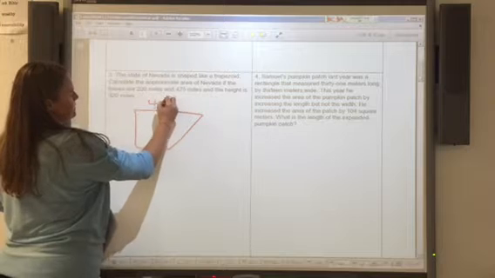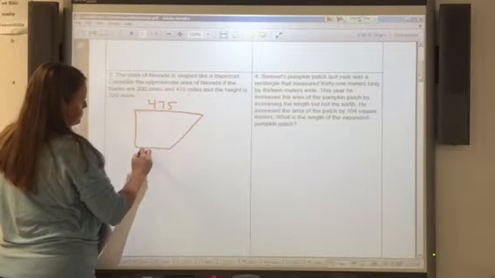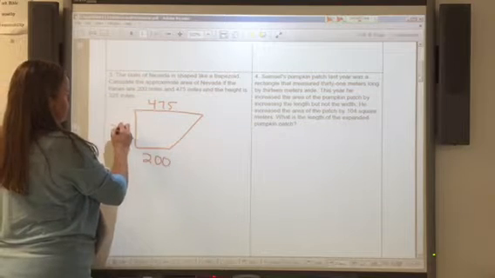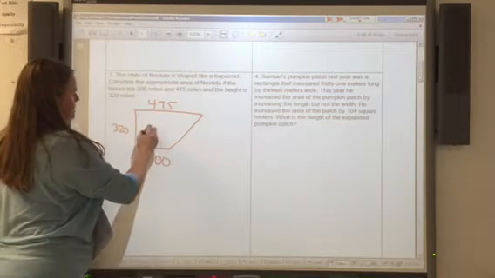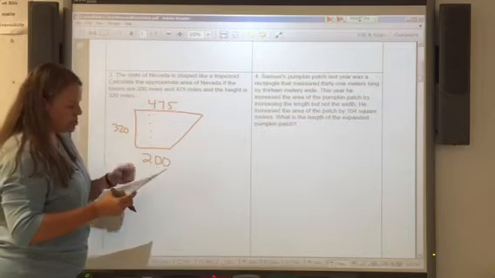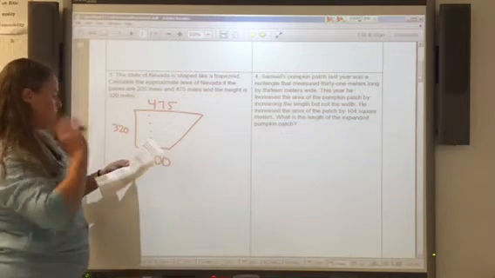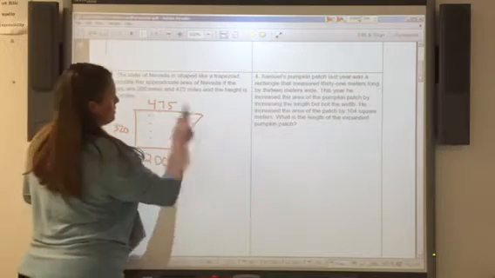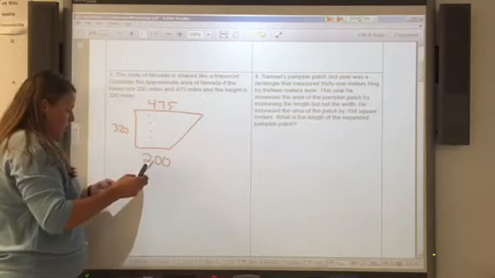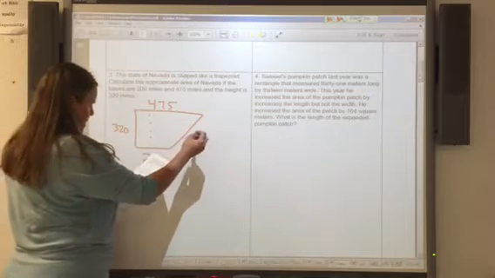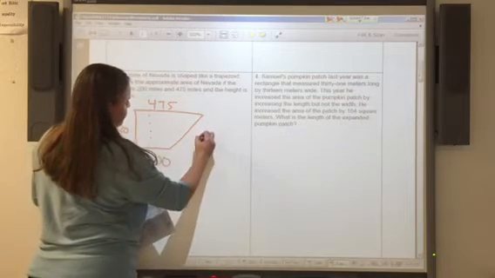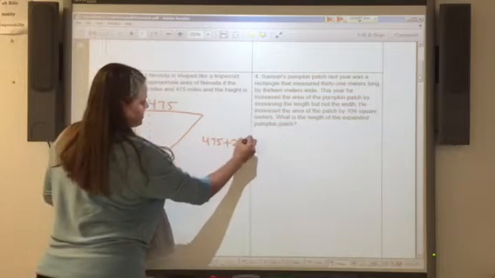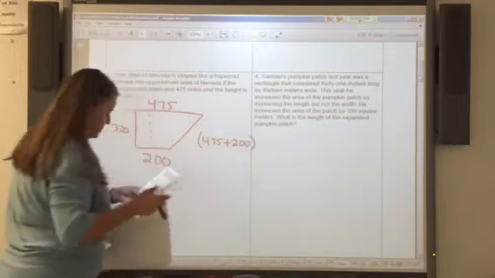So we have 475 is the longer one, 200 miles here, and the height is 320. Okay, so that's the height, is 320. So we have to find the area for this. So we have to do the bases together, so 475 plus 200, okay?